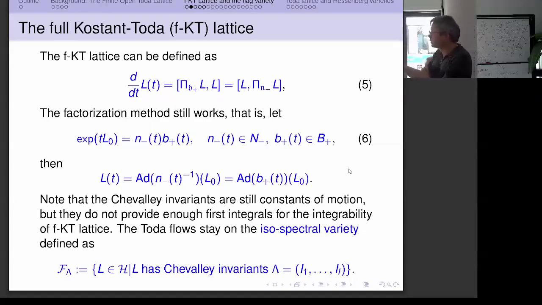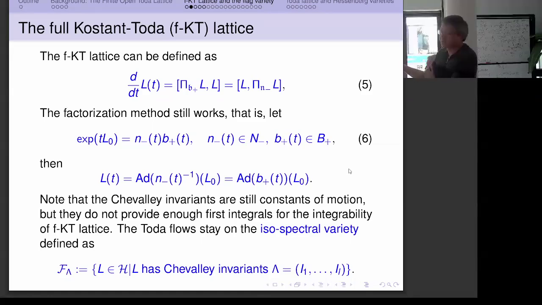So we could write down the same kind of differential equations. L is the lattice matrix, and we have this projection to the Borel parts, and we still have these nice things. The first nice thing is that we can still do this factorization method.